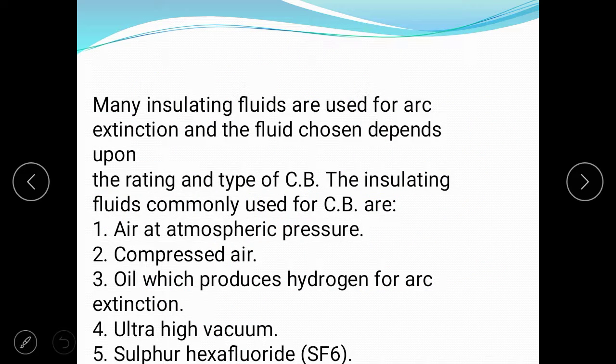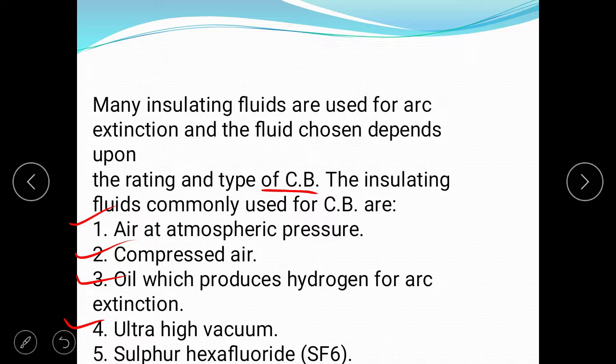So many insulating fluids are used for arc extinction, and the fluid use depends upon the rating and type of circuit breaker. Insulating fluids commonly used for circuit breaker are: first is air at atmospheric pressure, compressed air, oil with produced hydrogen for arc extinction, ultra high vacuum, and SF6 gas.